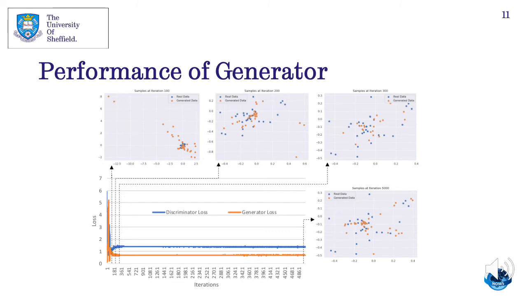Then the performance of the generator as we train along the iterations: at the beginning, the generated orange points are very different, and along the time dimension they become similar, and at around 300 iterations they become very similar to this one. There's some difference, but the distribution should be similar to this one. We don't want any points generated here, and that's the advantage. It is just an automatic process, and it's an amazing tool to use.